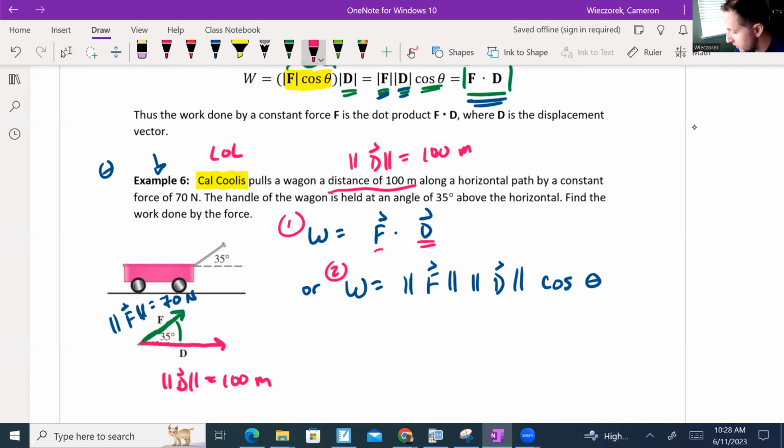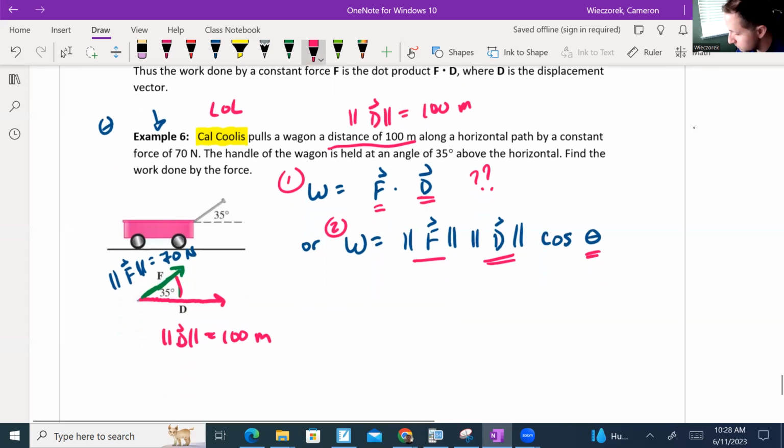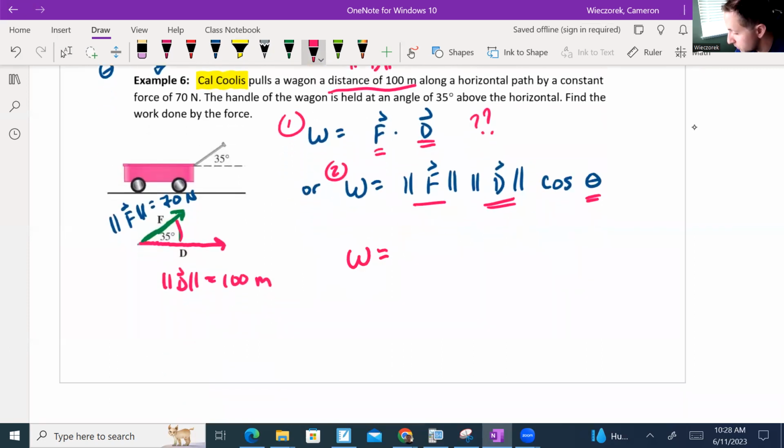We weren't given a force vector or a displacement vector. So I don't really know how to take the dot product directly. But I do know the magnitude of F was 70 newtons. I know the magnitude of D, the distance, was 100 meters. And I know the angle between those two vectors is 35 degrees. They told me above the horizontal. So I can compute the work with formula number 2.